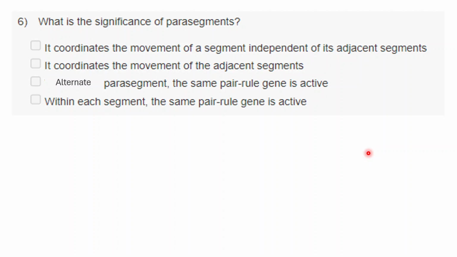It coordinates the movement of adjacent segments. Statement 3. In alternate parasegments, the same pair rule gene is active. Statement 4. Within each segment, the same pair rule gene is active. Now you have to tell me what is the significance of parasegments. Mind you that there might be multiple options correct. Take some time and let me know what you think is the correct answer.